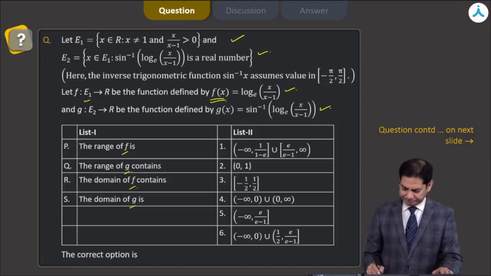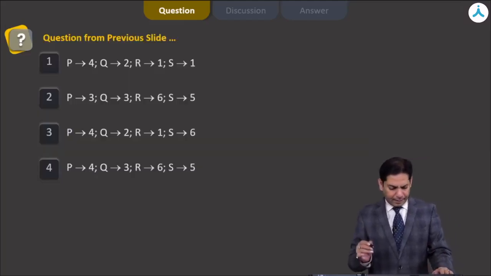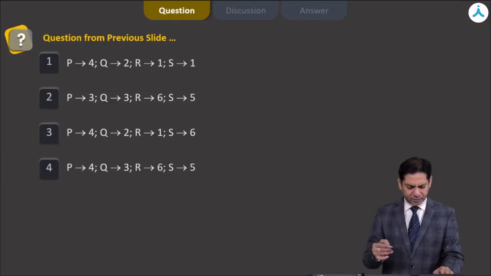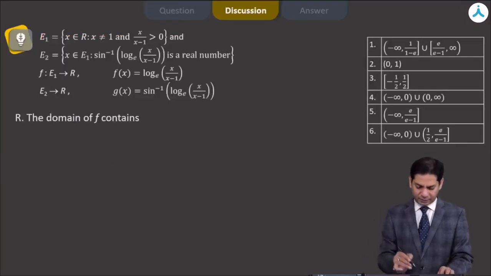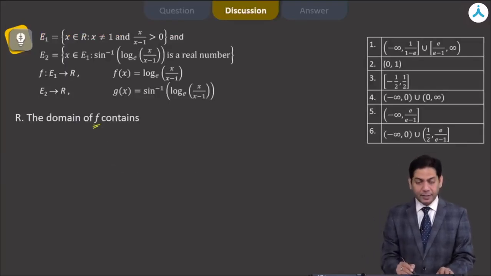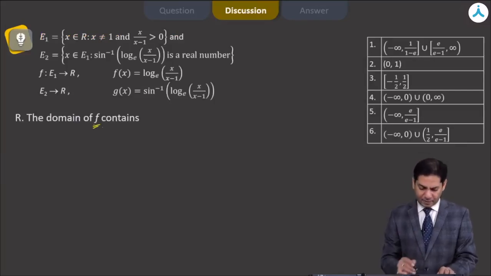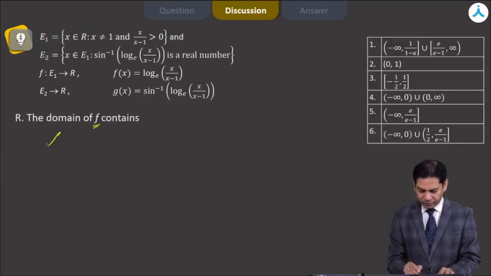Let's do it systematically. Forget about the entries. Let's find the domain, which is the entry R in list 1. Domain of f of x function is this one, log of x upon x minus 1.